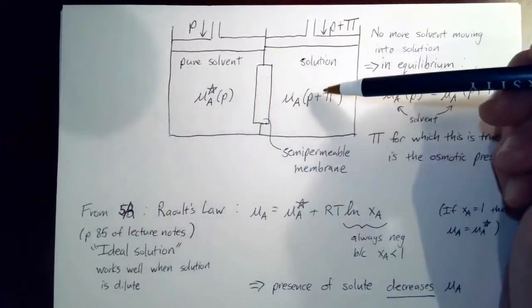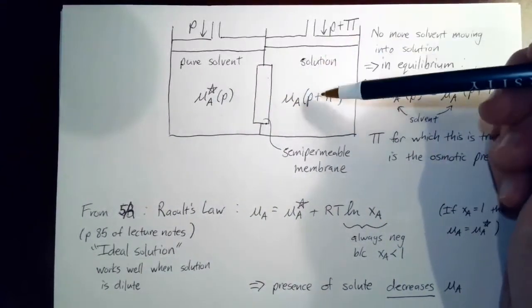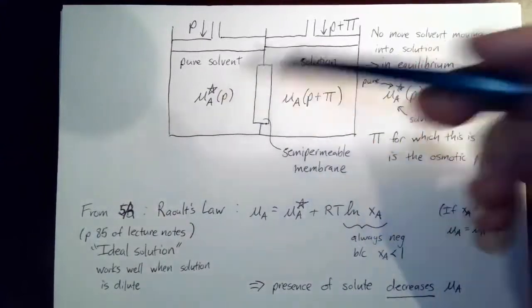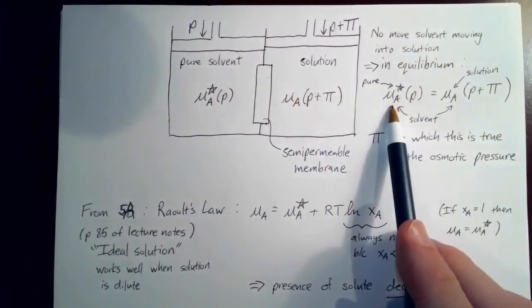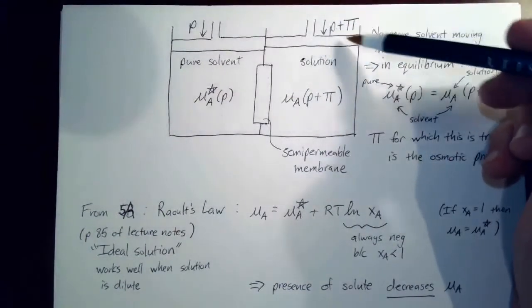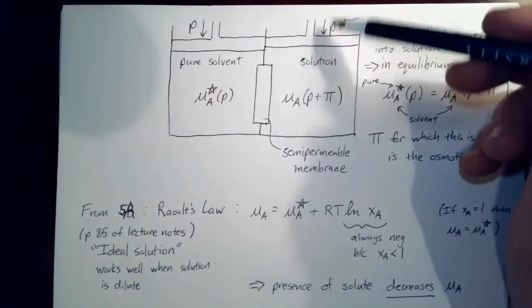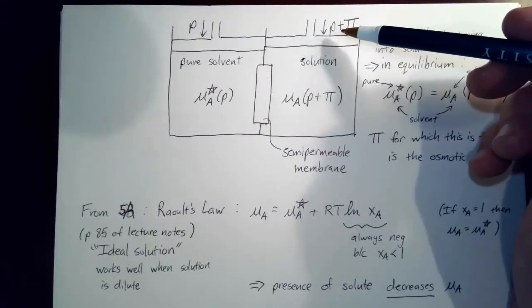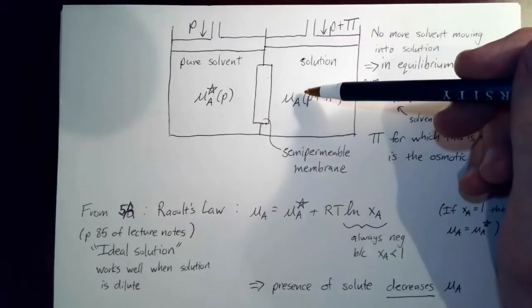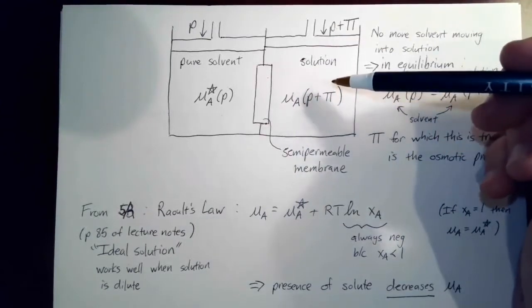So the solute decreases it, and by increasing the pressure, we can increase the chemical potential until it is once again equal to μA star. And that is what the osmotic pressure is: how much pressure do we have to apply here to increase μA to compensate for the fact that we decreased it by adding a solute.